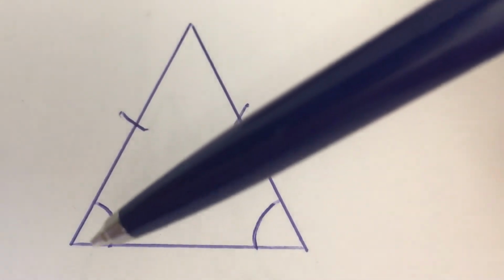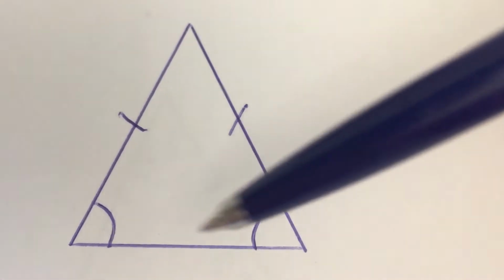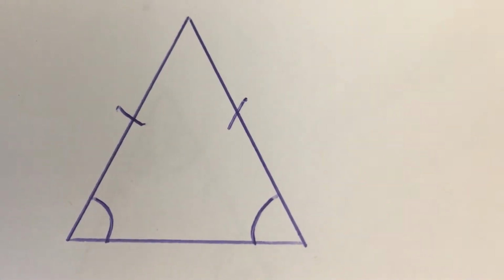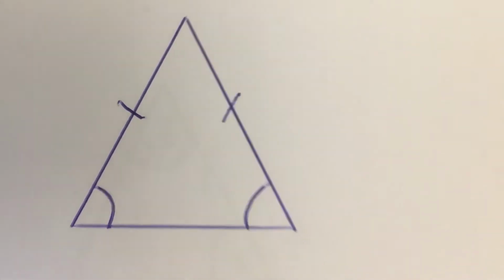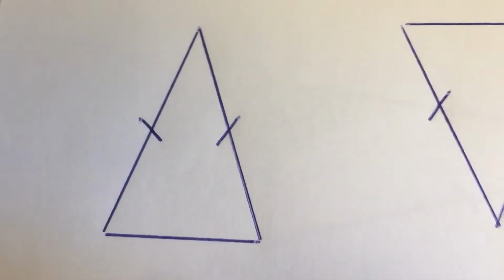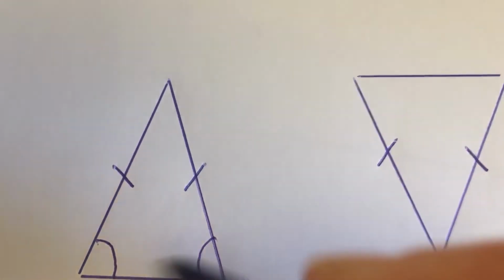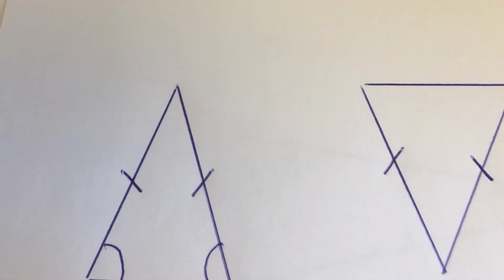Now it's really important that you know which two angles are the same in an isosceles triangle, because they're not always drawn in that direction. For example, you could have this, which is very similar to the one above that we've just seen. They're the two sides, those two angles are the same.